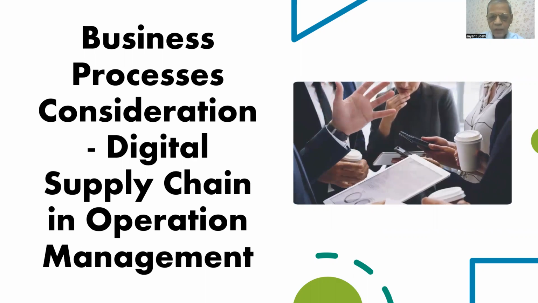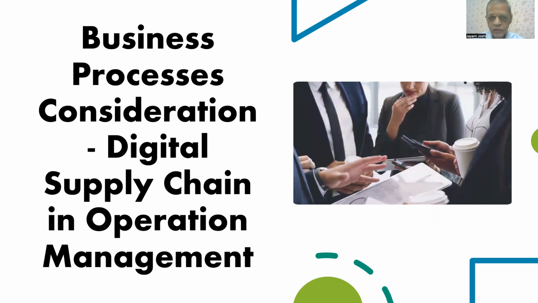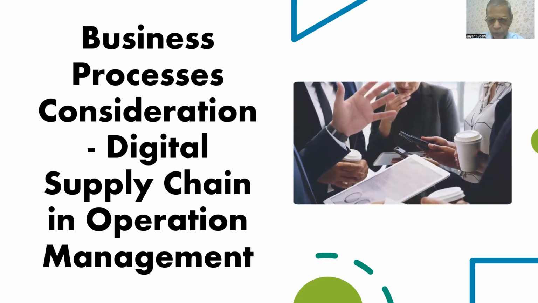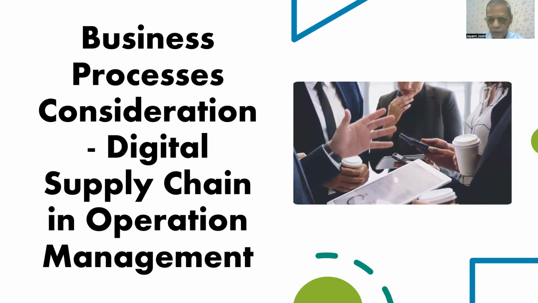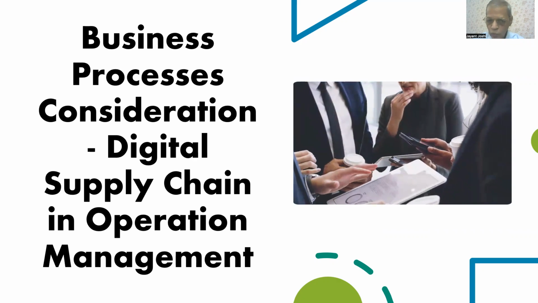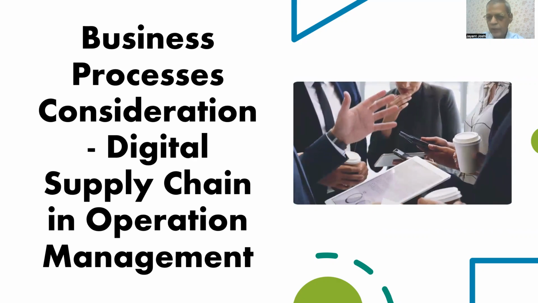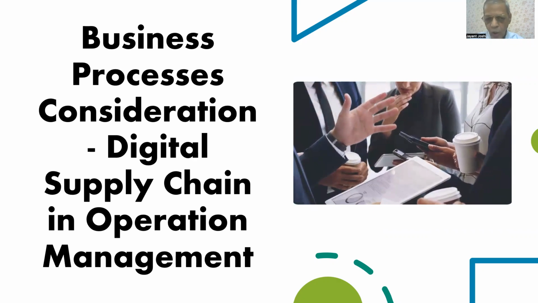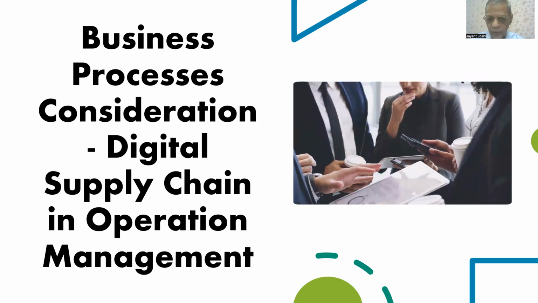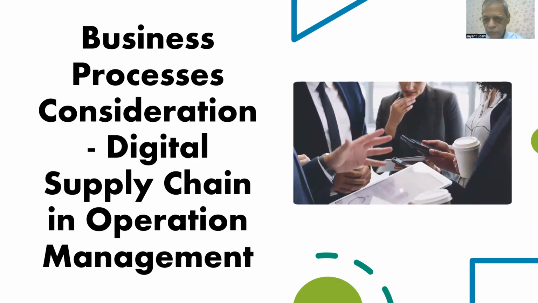Hello, friends. In this session, I'm going to discuss the business processes which need to be considered when you want to move to digital supply chain. As we discussed broadly, the digital supply chain has two areas.